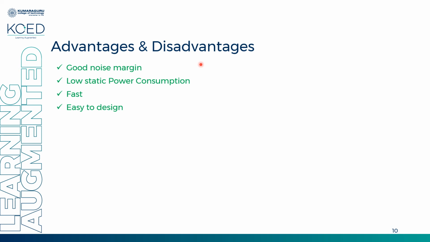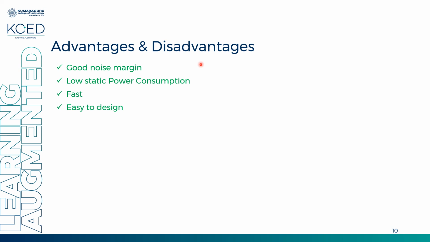In case of CMOS static logic, VOH is nothing but voltage output high. The maximum value of high voltage will ideally be equal to VDD, and VOL will ideally be equal to 0. This minor degradation only happens in case of practical analysis. So the noise margin will be very good.